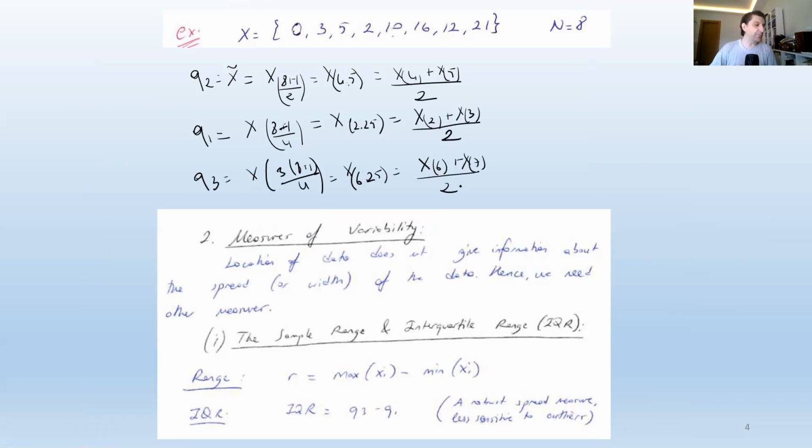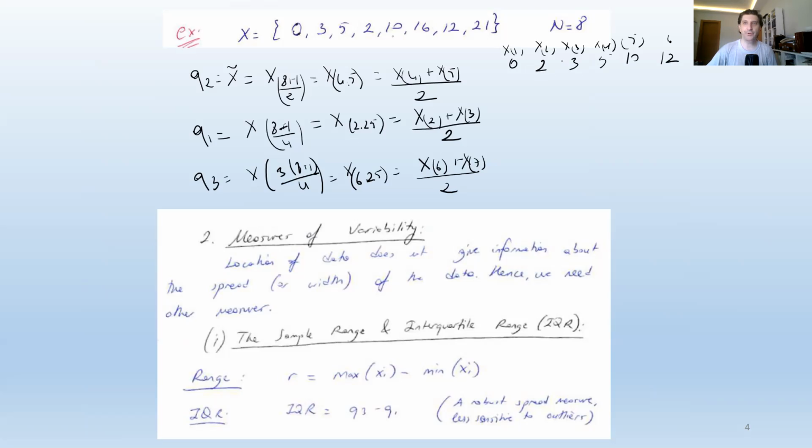Of course, in order to compute these values, we need to rank order these values. So it's going to be 0, 2, 3, 5, 10, 12, 16, and 21. The rank ordering here is x1, x2, x3, x4.